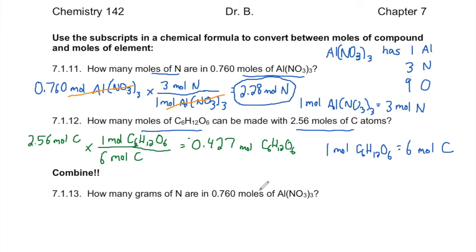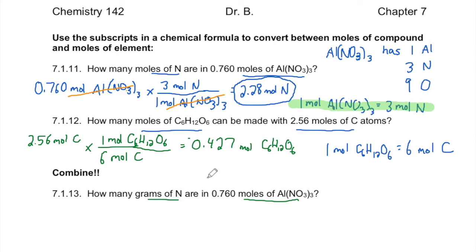Let's see if we can combine the relationships that we have here. We want grams of nitrogen and moles of aluminum nitrate. In this previous problem, we found out the relationship between moles of nitrogen and moles of aluminum nitrate. So we can use that to convert between moles of nitrogen and moles of aluminum nitrate.